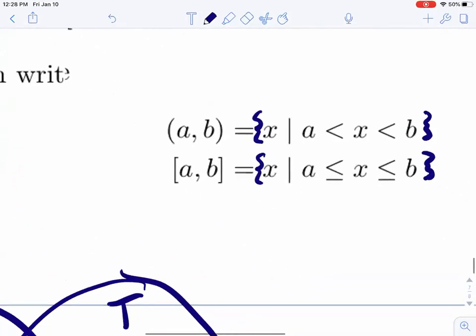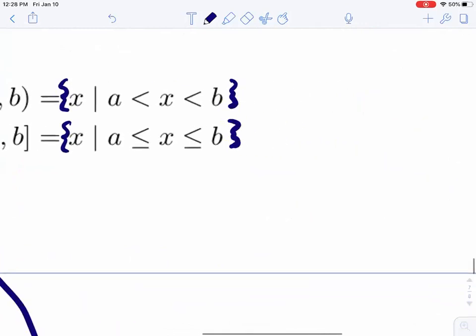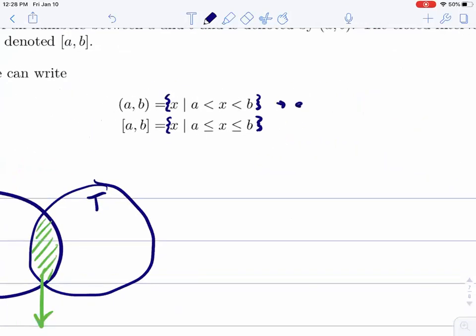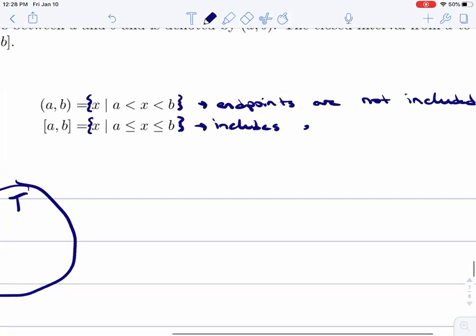So here, A is less than X, which is less than B, and endpoints are not included. Whereas if we've got square brackets, then it's less than or equal to, and so it can be equal to that endpoint. So it includes endpoints.